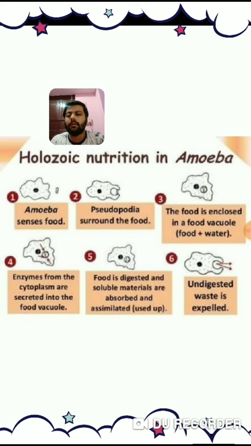Now that absorbed food is used up for respiration, for taking energy, and for other metabolic activities. Here it is mentioned. After that, the undigested food is removed by the rupturing of the cell membrane.